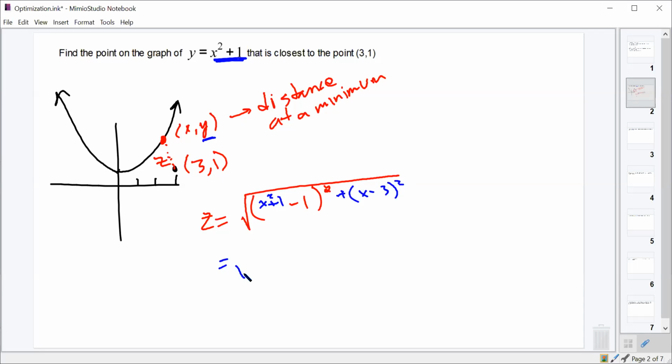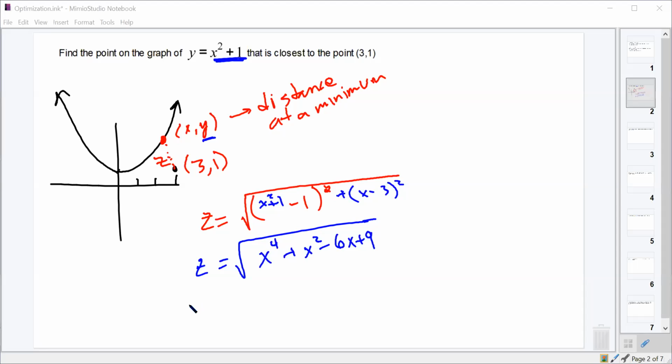So this becomes the square root of x to the 4th, right? (x squared plus 1 minus 1) squared is x to the 4th, plus x squared minus 6x plus 9. Everybody good with that? And we want to figure out when this is at a minimum, so we'll take the derivative.